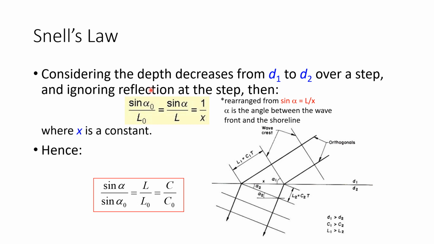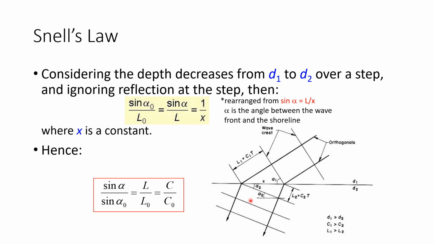After rearranging, that is how it looks. Basically, these expressions are derived from these two triangles, which involve the change in the direction of wave propagation when the wave moves from a water depth of D1 to another water depth of D2.